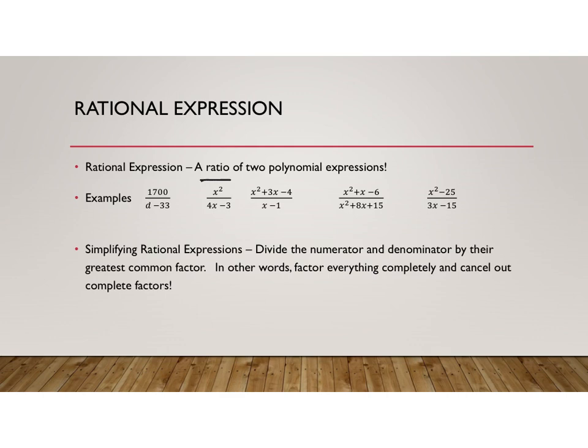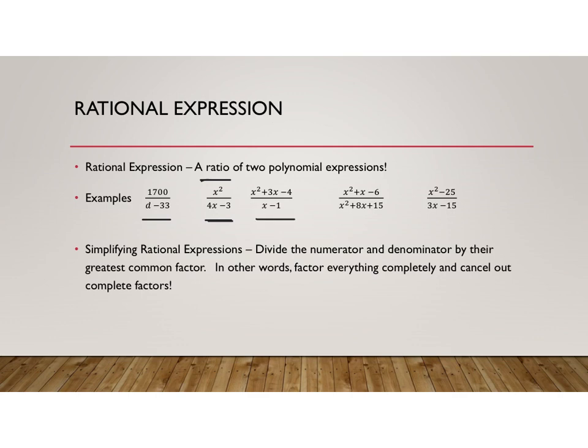of two polynomial expressions. So examples here, we've got 1700 over d minus 33. So you can see you can have a constant involved as far as 1700. The next one here, x squared over 4x minus 3. So again, with the x squared, you can have any power of x as long as that's a positive integer.